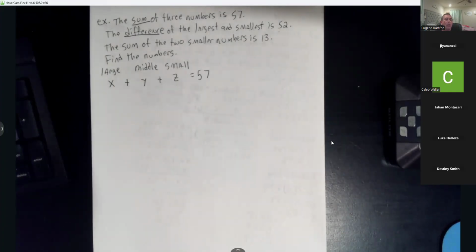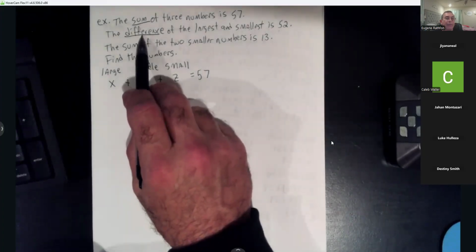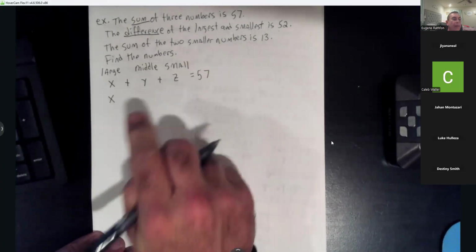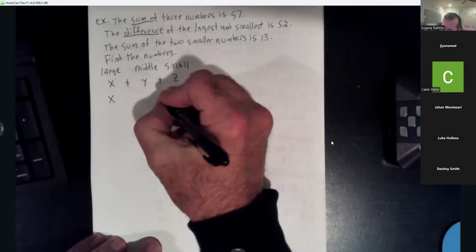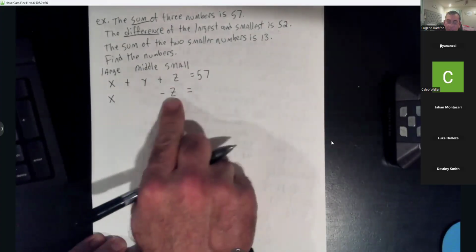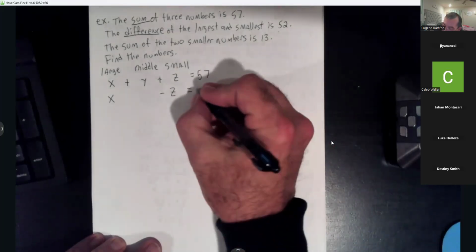Oh, you're so close, Jan, but remember, they got difference up here. So you got the X perfect, but that Z, there you go, needs to be subtracted. So your Z's got to be negative so that you got subtraction going on. And then that one will equal 52.